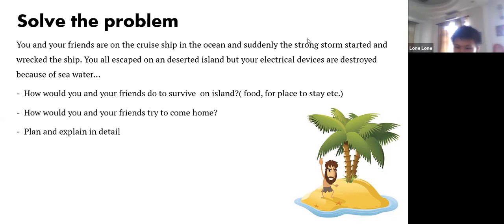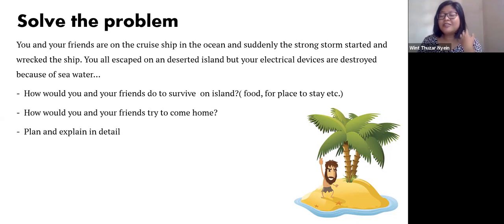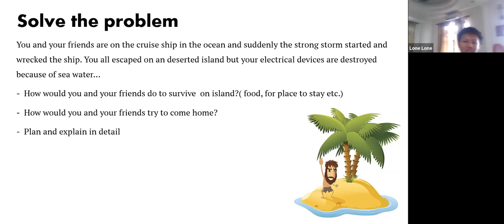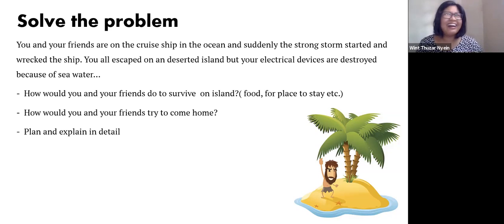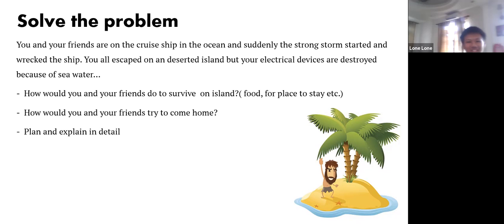Teacher, that island has food, right? Like vegetables, etc. Maybe. So for survival, we will cook that vegetables. Barbecue? Yeah, barbecue.